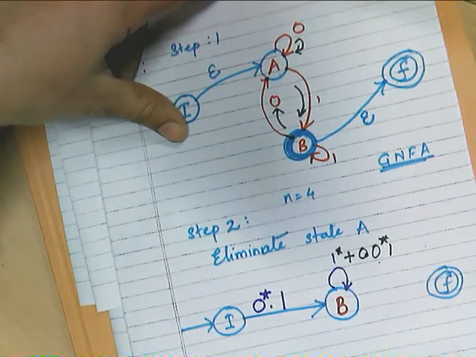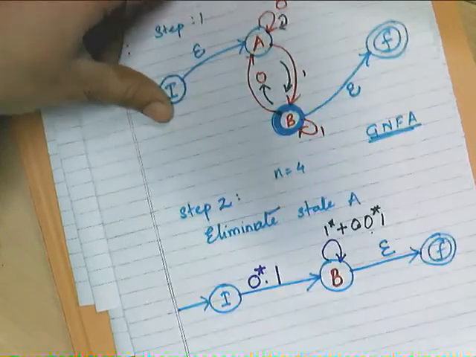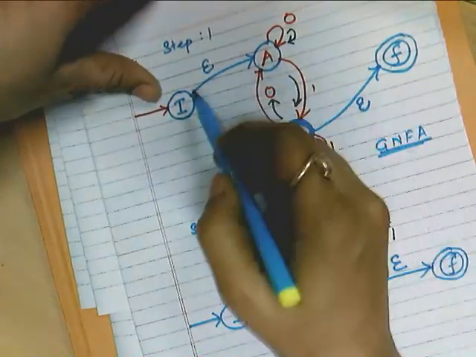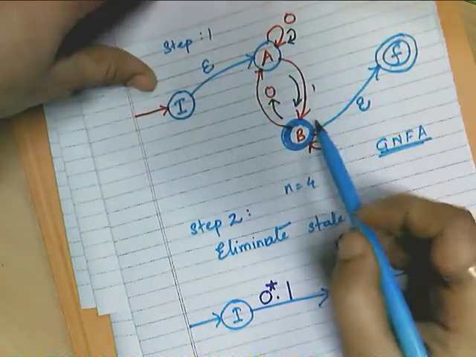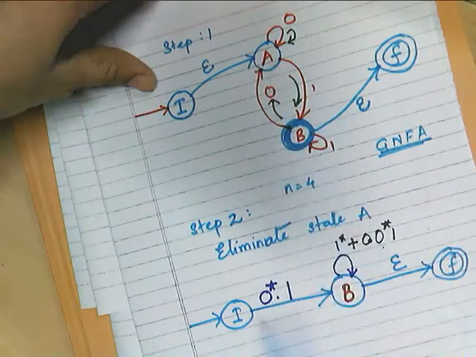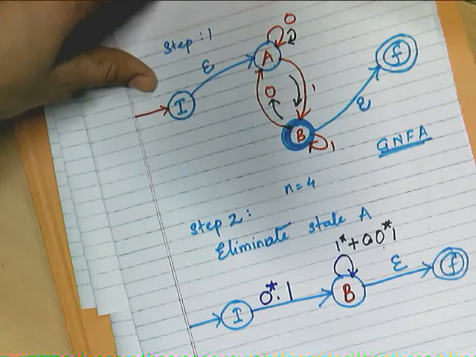That will remain as it is, so it will be with the epsilon only. I hope this is clear to you. Whatever expression I get with the existence of A, the same thing is possible to reach from I to F without A as well.